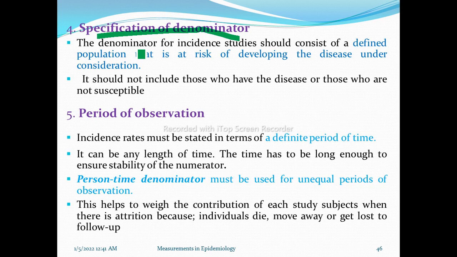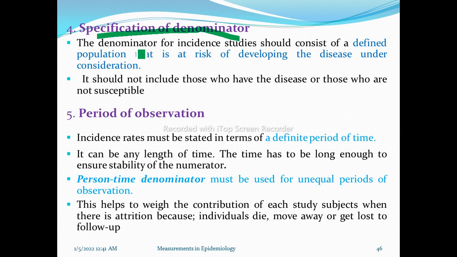The denominator for an incidence study should consist of a defined population that is at risk of developing the disease under consideration. It should not include those who already have the disease or those who are not susceptible. So individuals in the denominator should be susceptible or exposed, but not yet developing the outcome of interest.